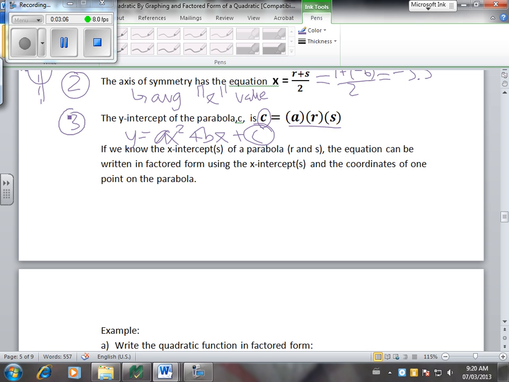And if we know the x-intercepts of a parabola, so if we know our roots or our zeros, we can just write our equation using the x-intercepts and the coordinates of one point.